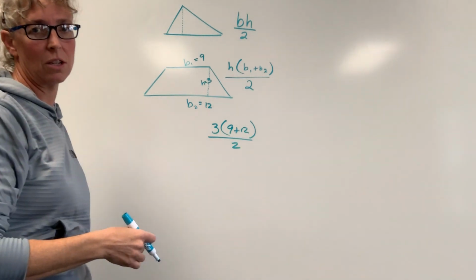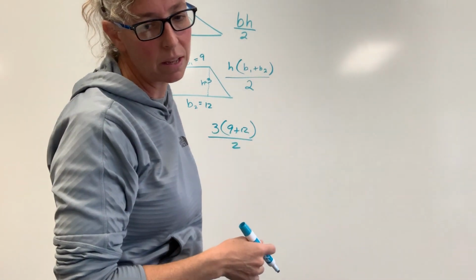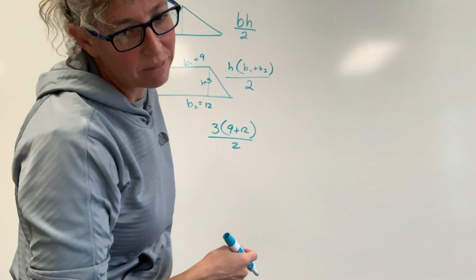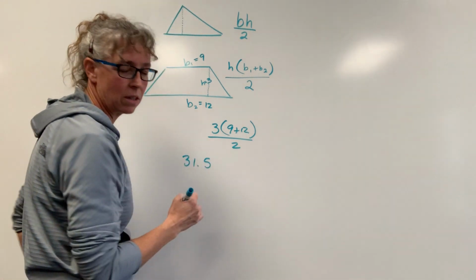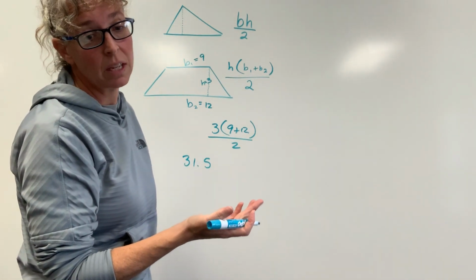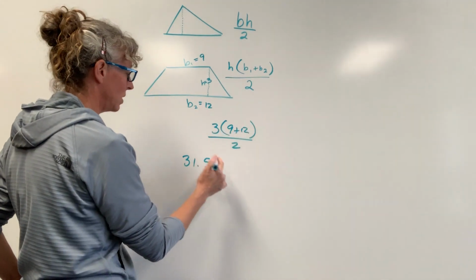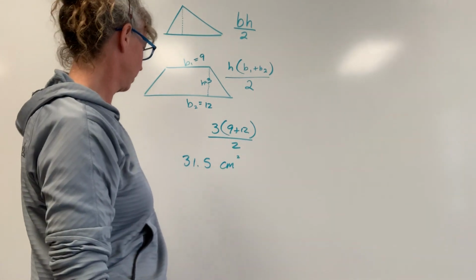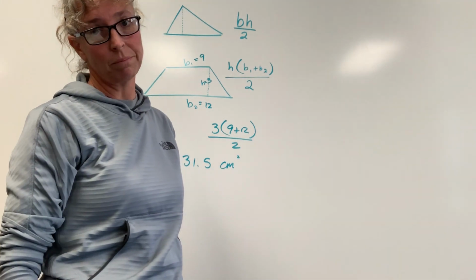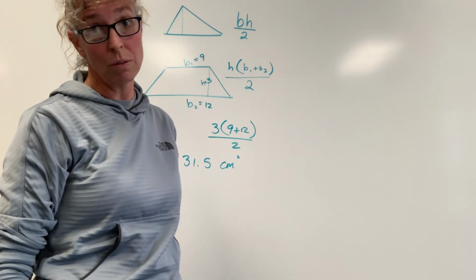When you put that all into your calculator, you should get an answer of 31.5. Hopefully they'll tell you what to round to. If they don't, just round to the nearest tenth. That should be fine. And we always label, so we were dealing with centimeters, and it's going to be squared. Okay? So that was example 2A.